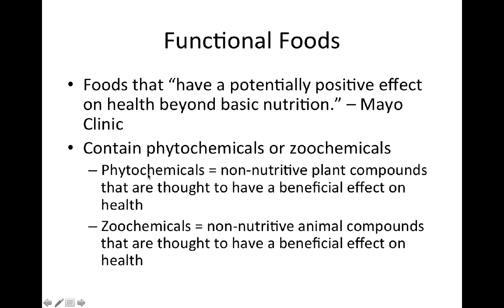Now, a lot of the areas where phytochemicals are being studied are very recent, so we don't know everything that we need to know about them, and they aren't necessarily needed for day-to-day activities, but they are thought to give you some sort of beneficial effect. We can break down where things come from in this category. Phytochemicals come from plants, while zoochemicals are the animal compounds that you'd think to be beneficial.